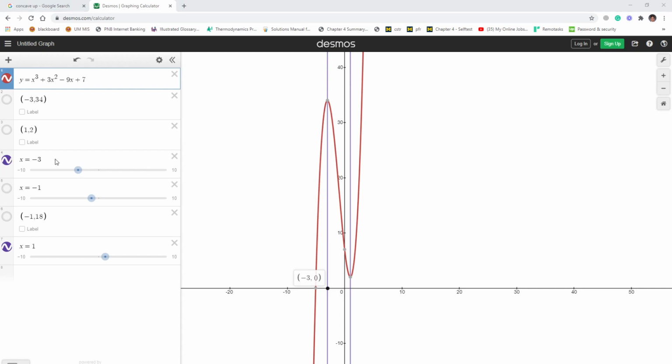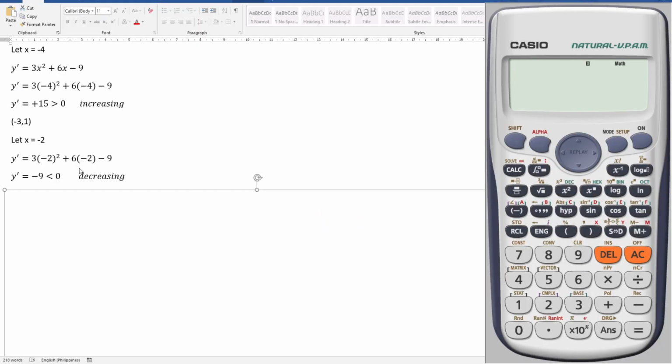Moving to the next interval, our next interval is negative 3 to 1. We again choose a value in between and substitute it into y prime, the first derivative. So we get negative 9. Since it is negative, the function in that interval is decreasing. We just substituted negative 2.